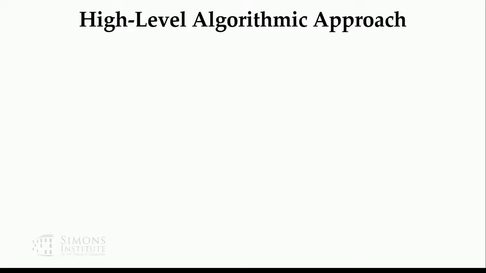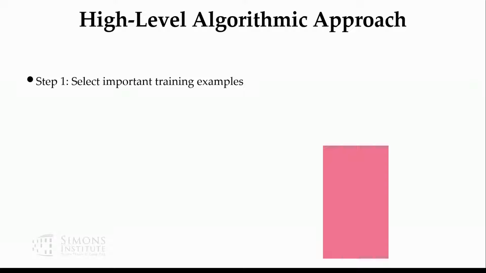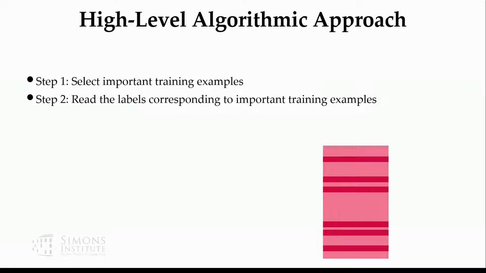Okay, so here's the high-level algorithmic approach. The idea is to try to select some important training examples, which are just rows of the design matrix A, and read the corresponding labels of the label vector B, and usually you want to reweight what you've read and solve the smaller problem.